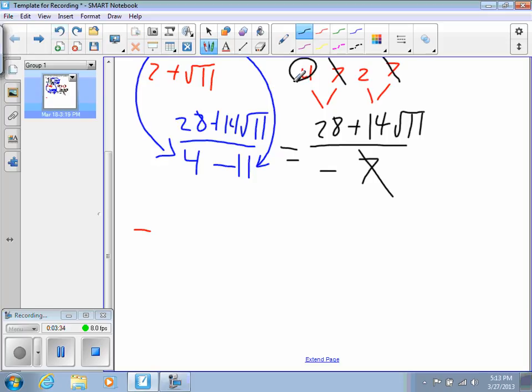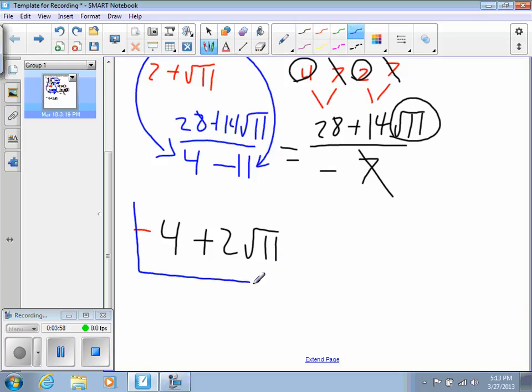I have this 4. And then I have plus, and what's left on the top? The 2 and the square root of 11. So plus 2 times the square root of 11. And there we are in fully simplified form.